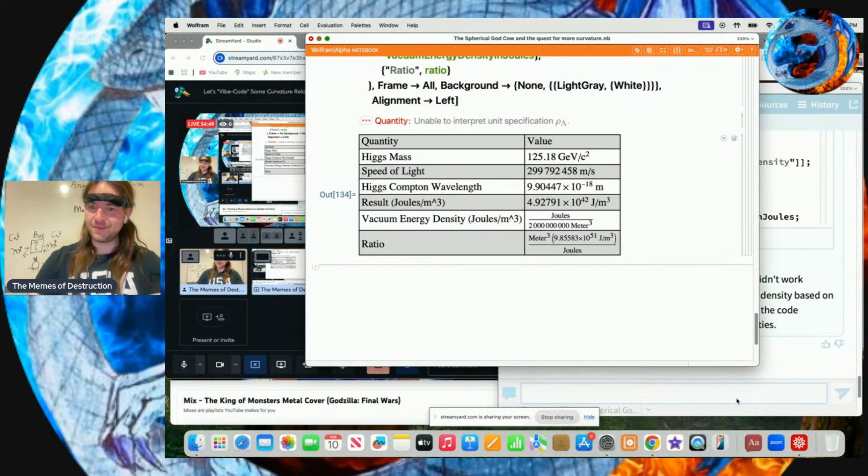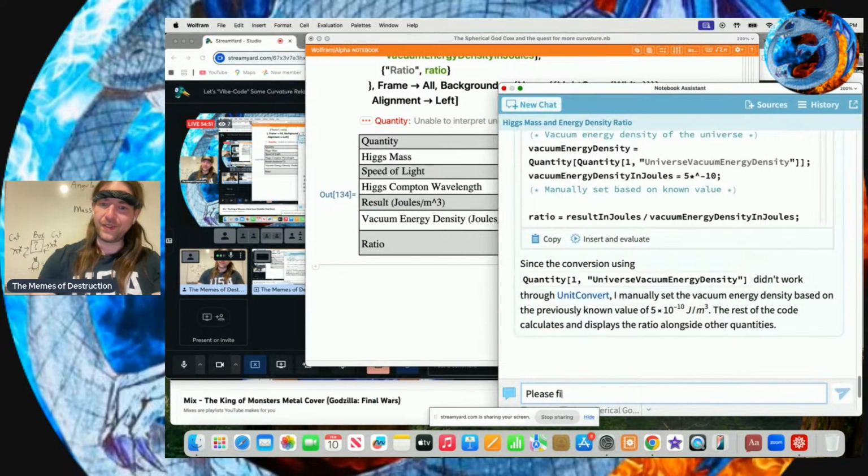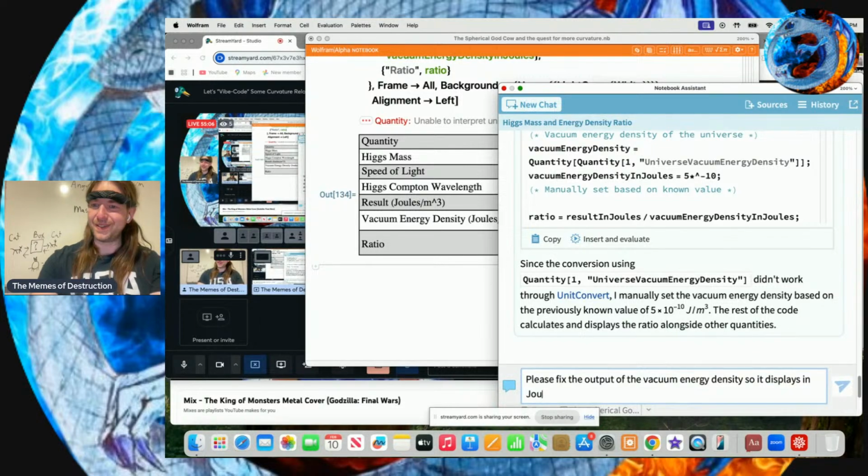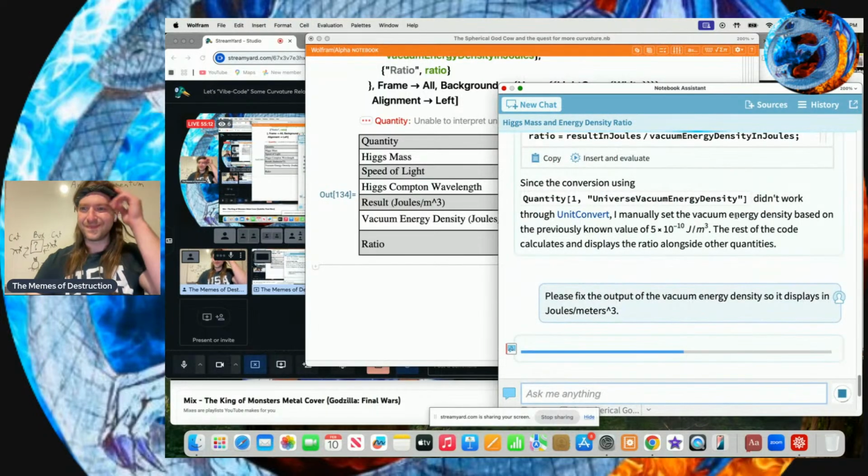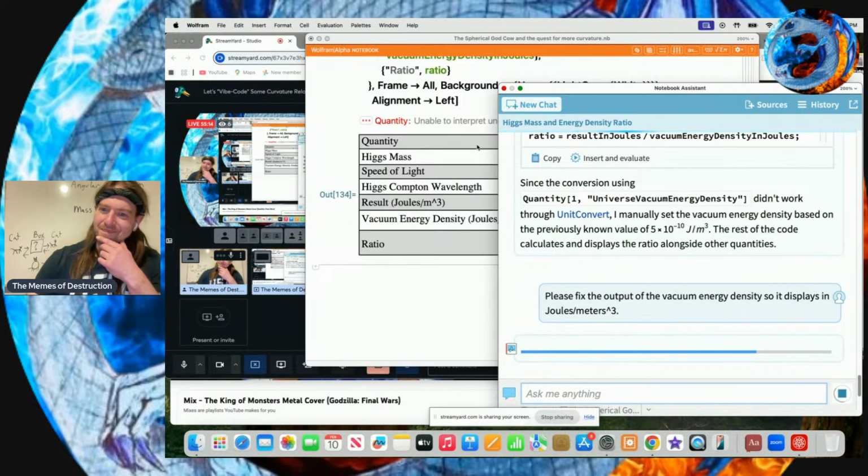All right. Please fix the output of the vacuum energy density so it displays in joules by meters cubed. Let's see what that does.